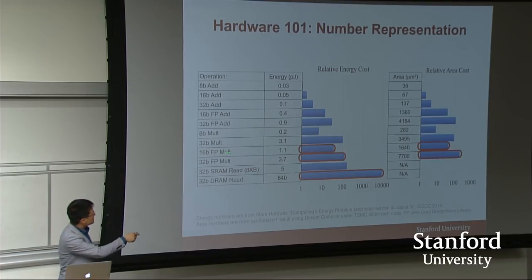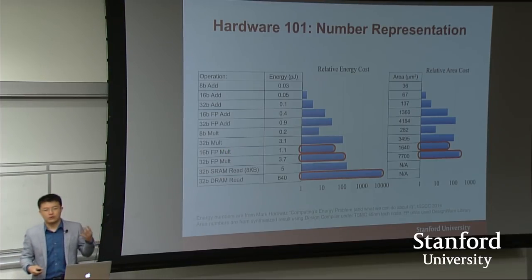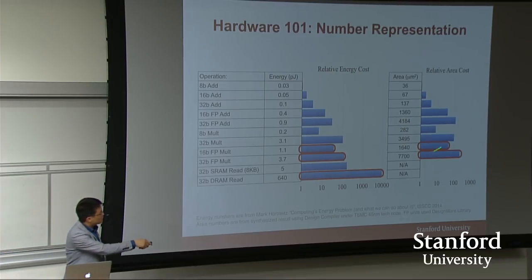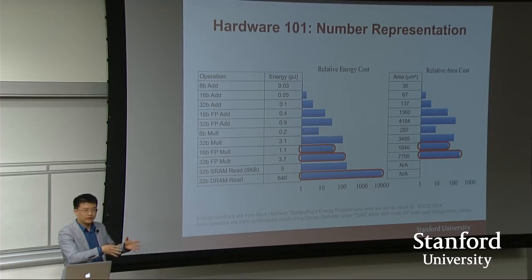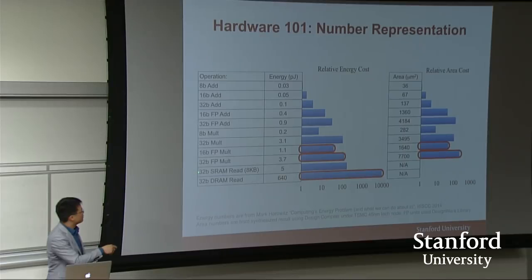In particular, going from 32-bit to 16-bit, we have about 4 times reduction in energy, and also about 4 times reduction in the area. Area means money. Every square millimeter takes money to tape out a chip. So it's very beneficial for hardware design to go from 32-bit to 16-bit.